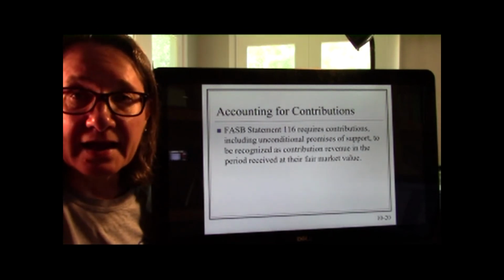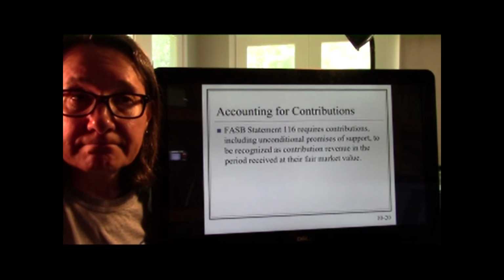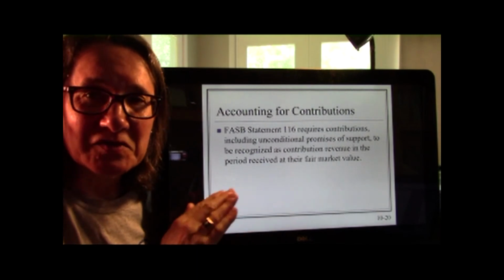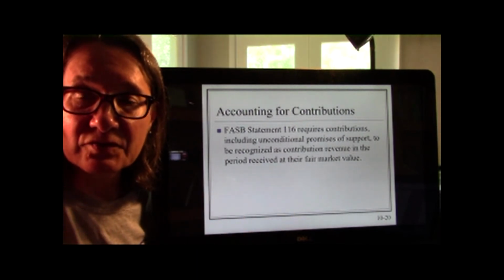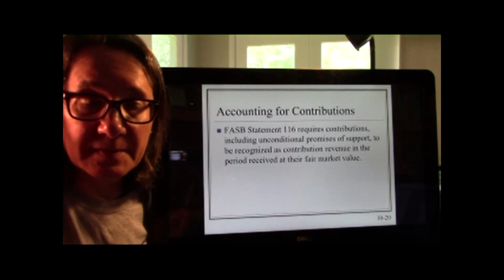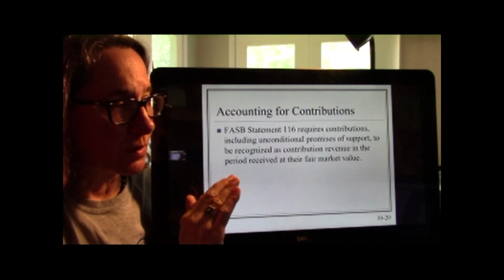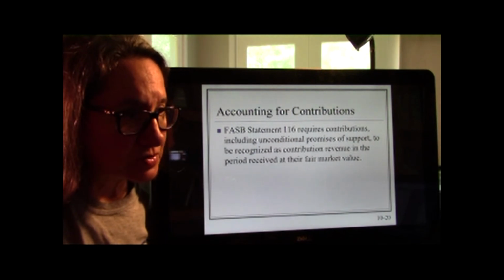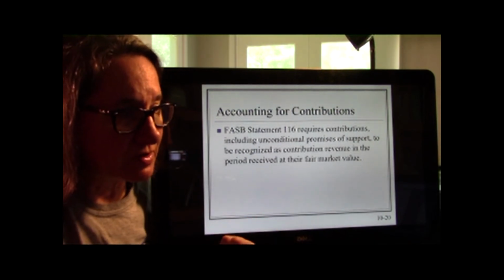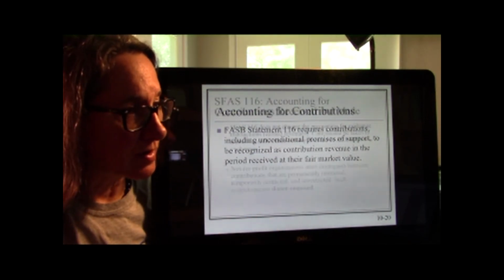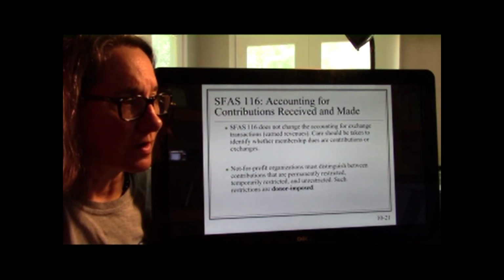I donated that. It's for the federal government, so they don't do this, but you can imagine if I was doing that for United Way or something, that would have been a donation to them. So when people make contributions, it's contribution revenue and it's fair market value.